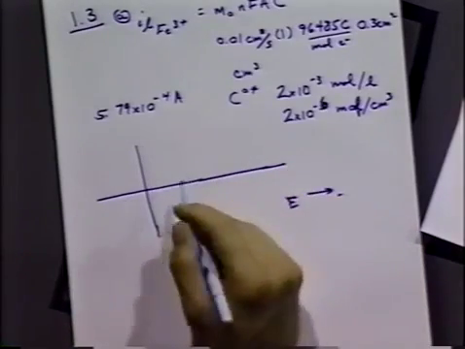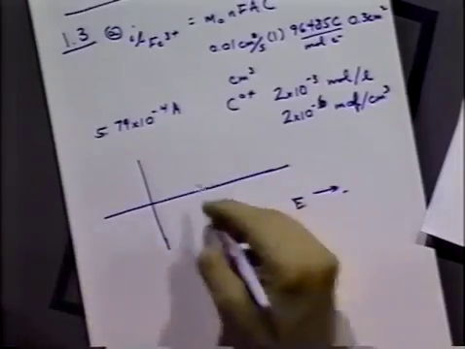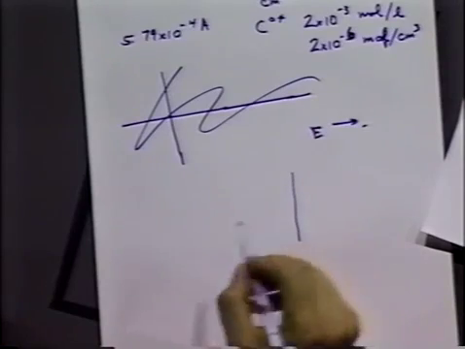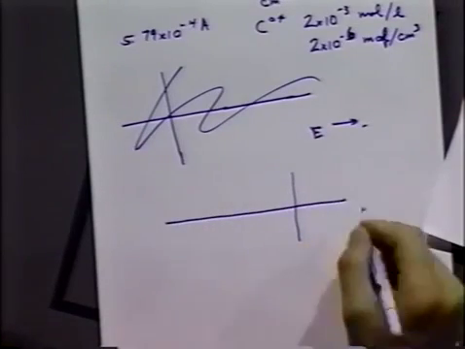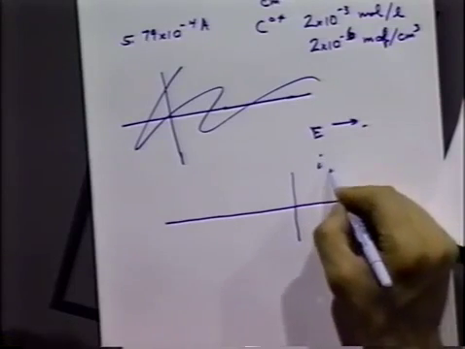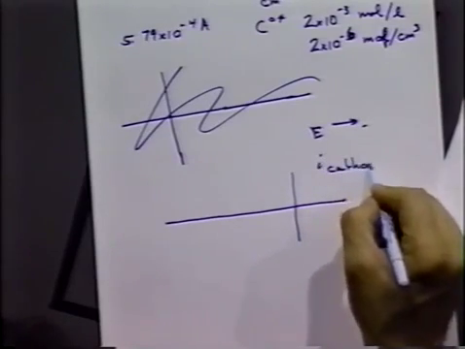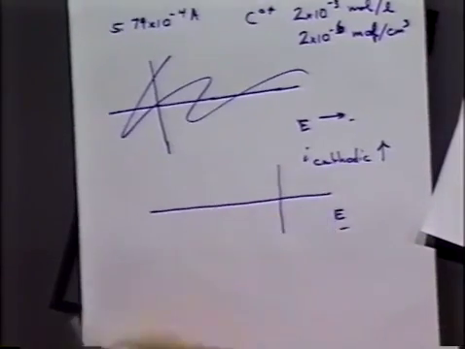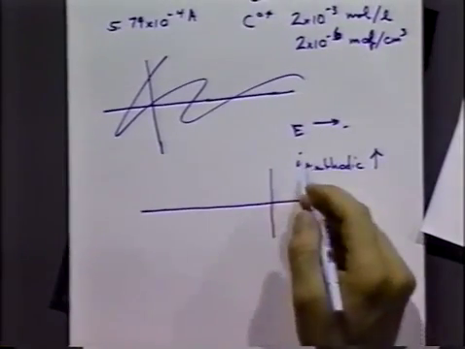Most of our interest is over here on this side of the graph. So E again is negative. I, cathodic, is always up in this book, not always in the literature, but in this book it is.